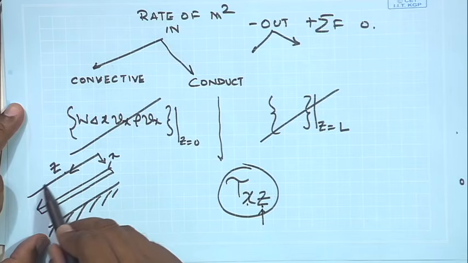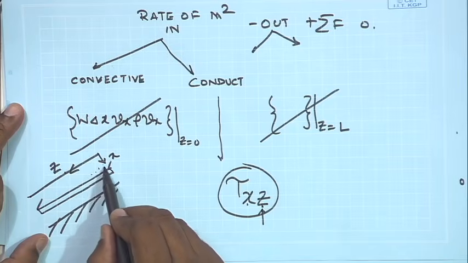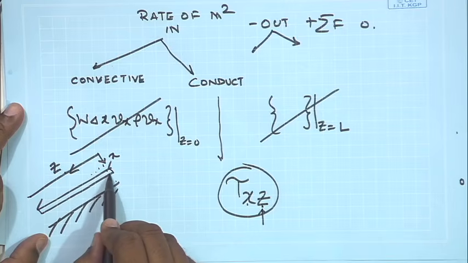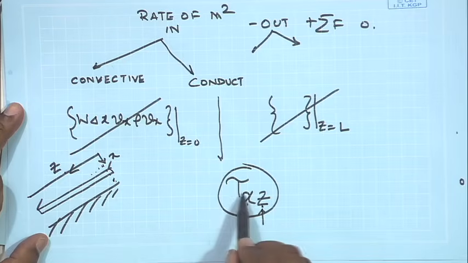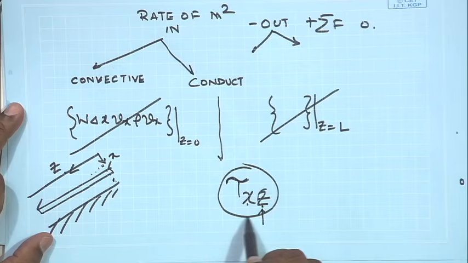You can see that it is the z momentum that I have, and the velocity varies based on the location over here. So, because of the variation in the velocity, the momentum gets transported in the x direction due to viscosity. So, it is the shear stress, or the molecular transport of z momentum in the x direction. This has units of force per unit area.